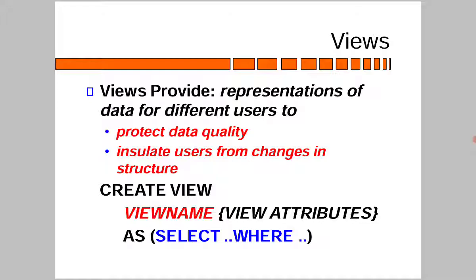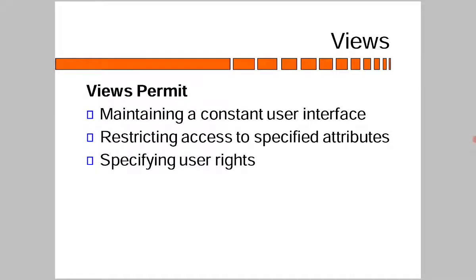So how to create views? By using the create view statement: create view, some view name, within braces view attributes or column names separated by commas, as select statement. Similarly, views permit maintaining a constant user interface and restricting access to specified attributes, specifying user rights.